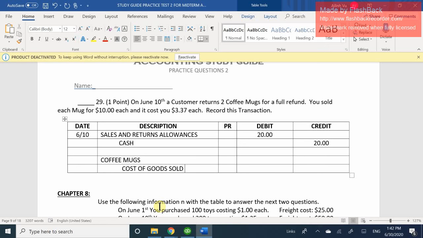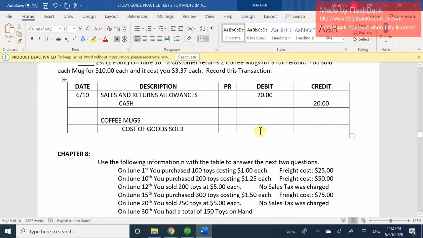Sales is finite. You can only sell it once. Sales returns and allowances is an account that we create. It's a contra account to reduce your sales. And how much was it for again? $6.74. Good. That is correct.